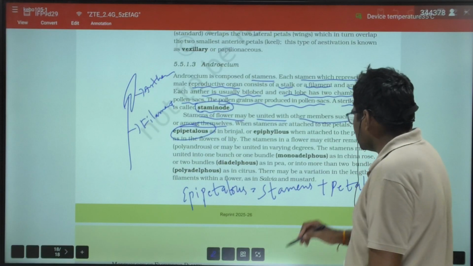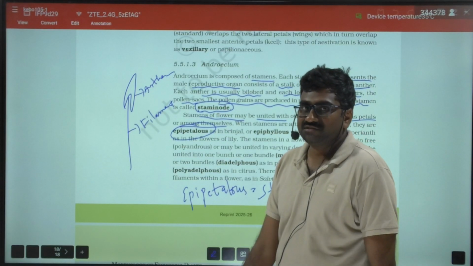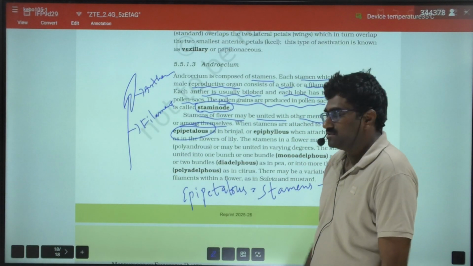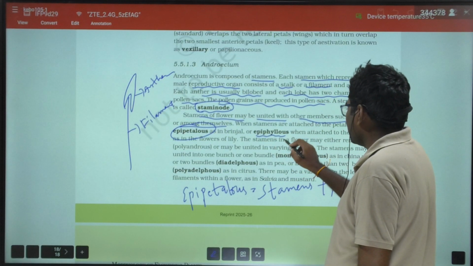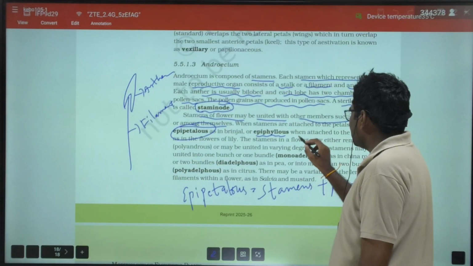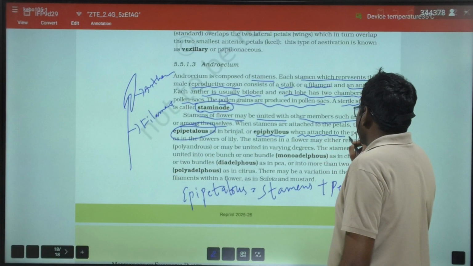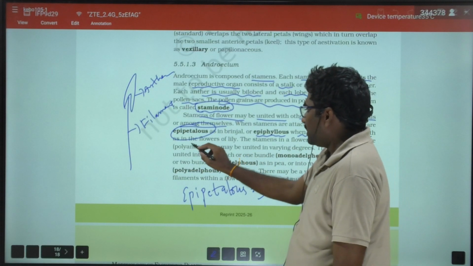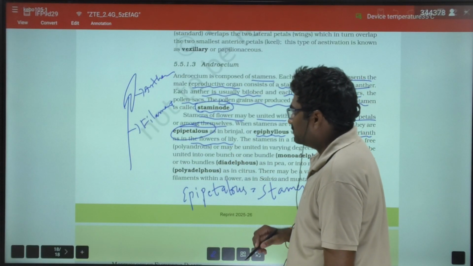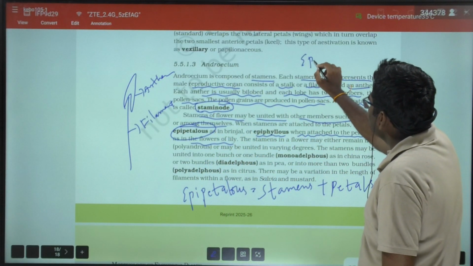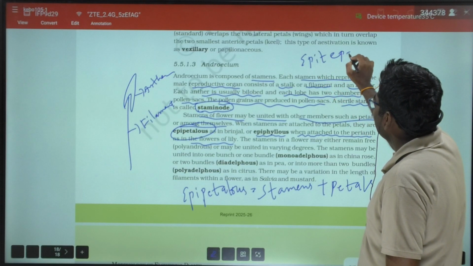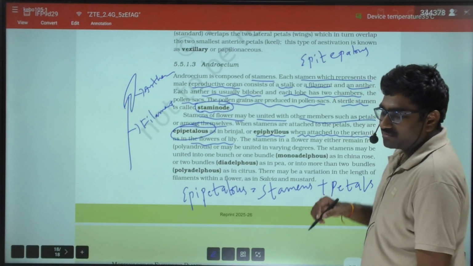That condition is known as the epipetalous condition, found in brinjal as well as datura. Or epiphyllous: epiphyllous means when the stamens are attached to the perianth, as in the flowers of lily. Very important. Epiphyllous or epitepalous.